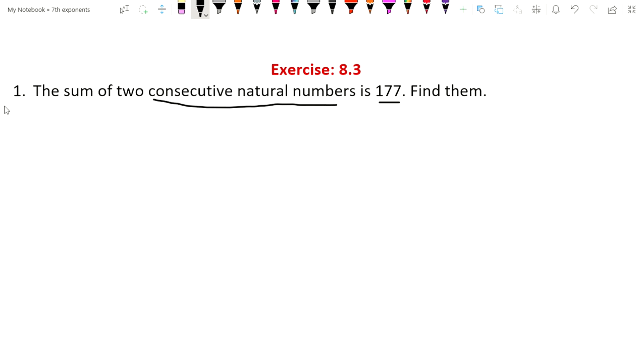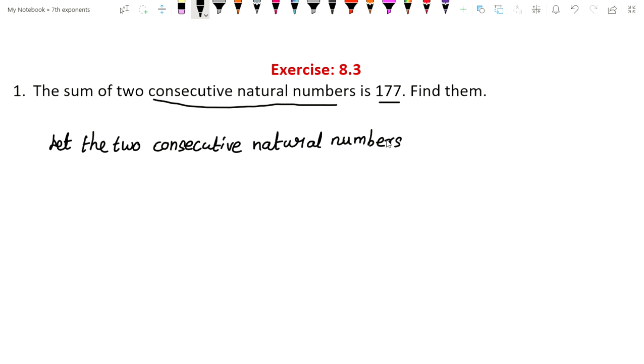Okay. So let the two consecutive natural numbers be x and x plus 1.